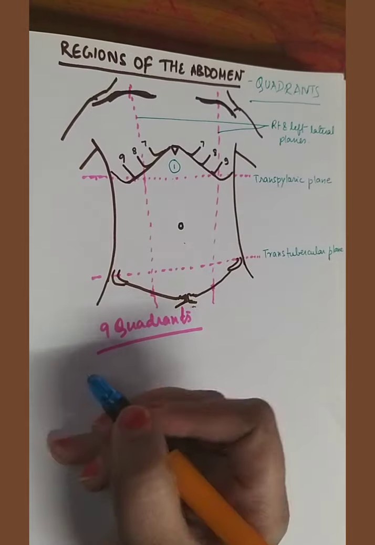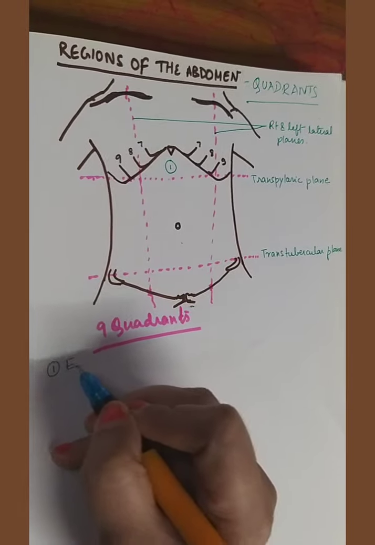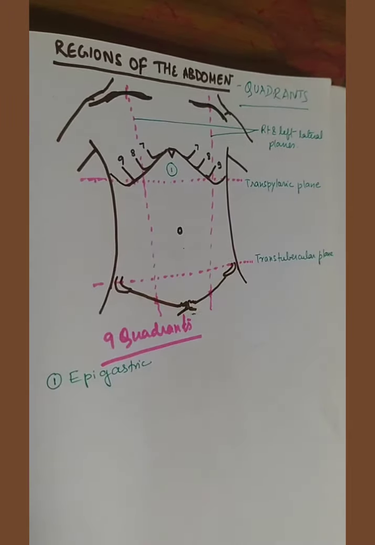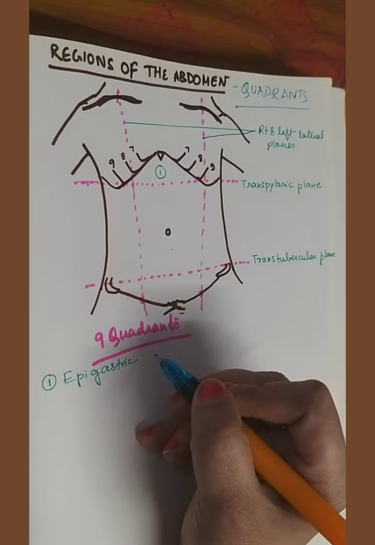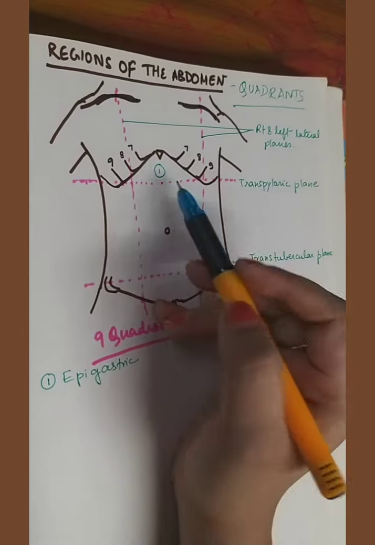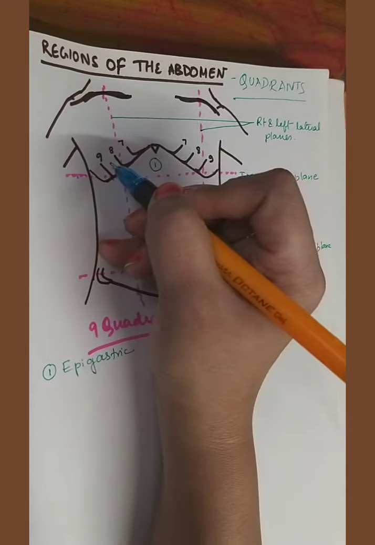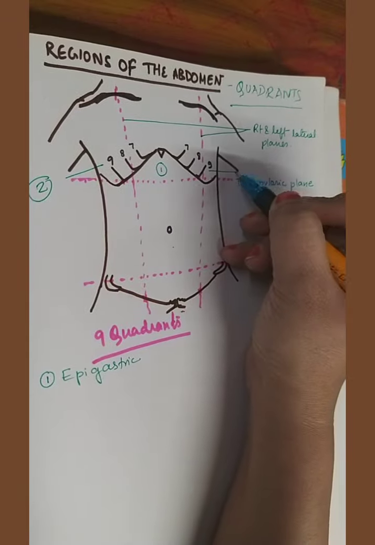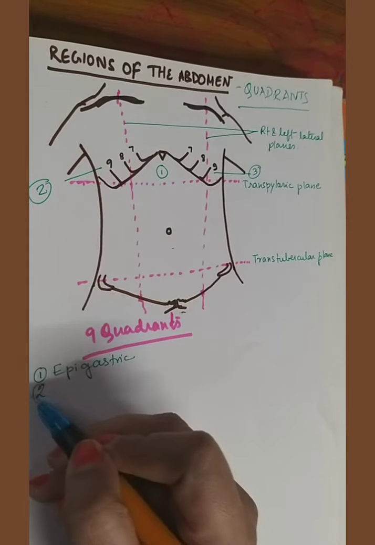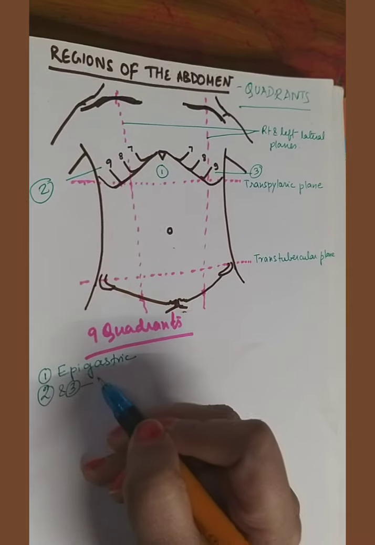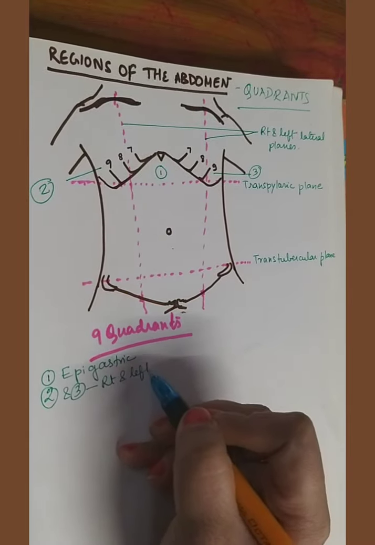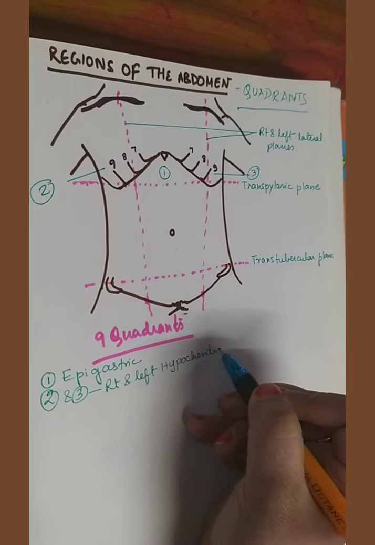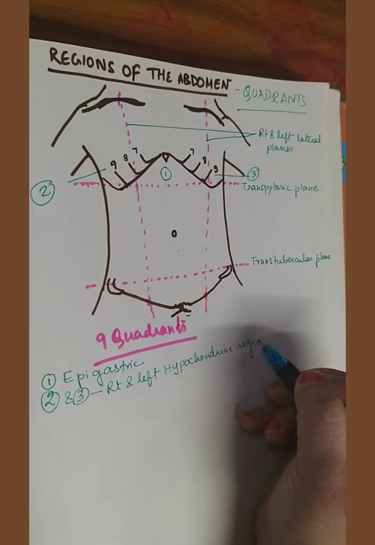One in the middle is the epigastric region, and on either side of the epigastric region are 2 and 3, the right and left hypochondriac regions.